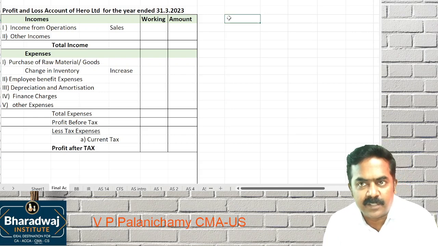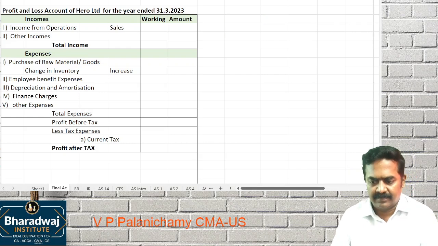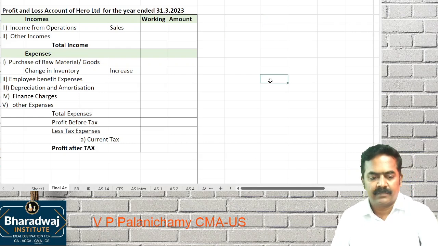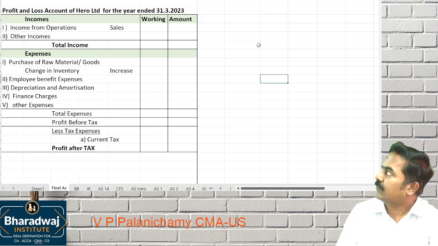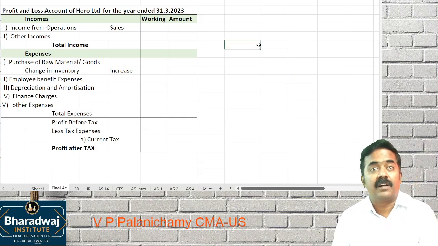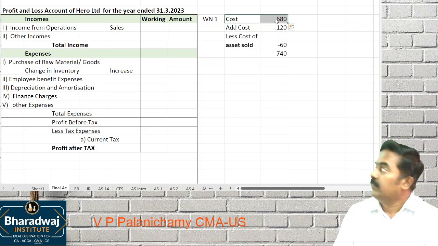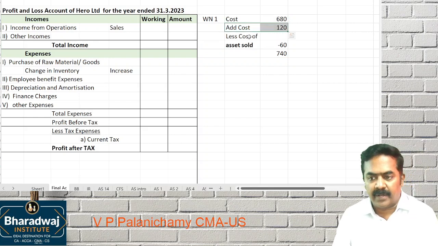Can you tell me what is the depreciation? What is the cost of the asset opening balance? 680. Okay. What is the cost of the asset purchased? 120.